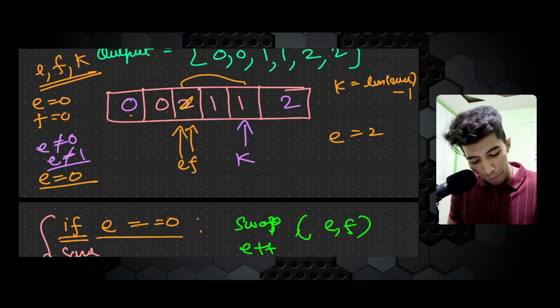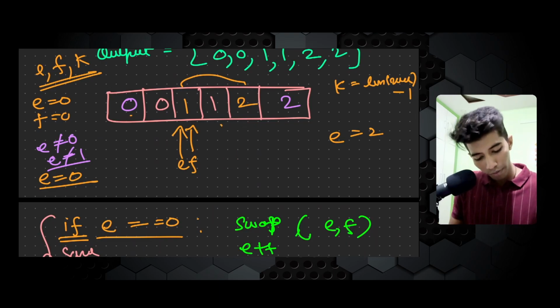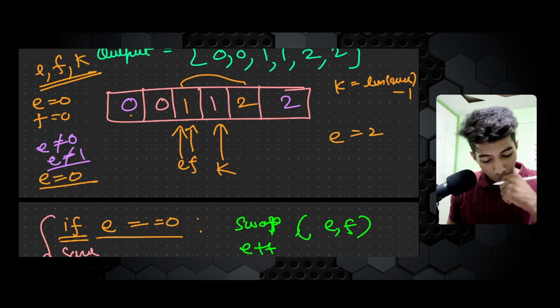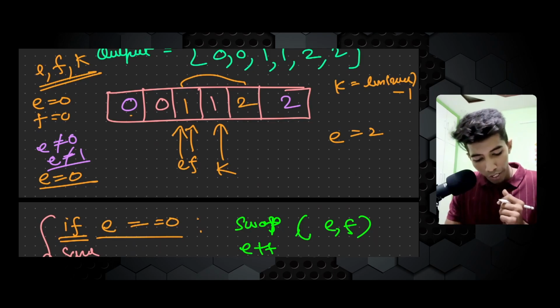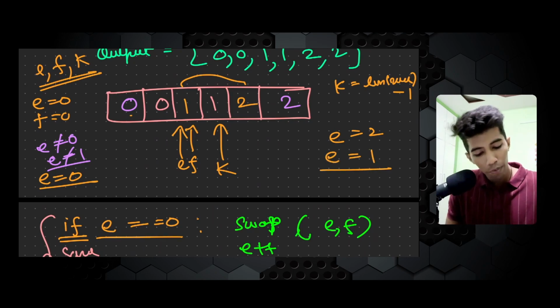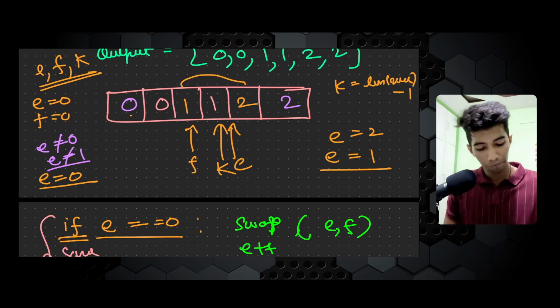When I swap, this will become 2, this will become 1, and after that my K will come over here. Now my K is over here, and again my E and F are on 1. When my E is on 1, I will just increment E. Now you will notice that this E will be at the same place where I have K.